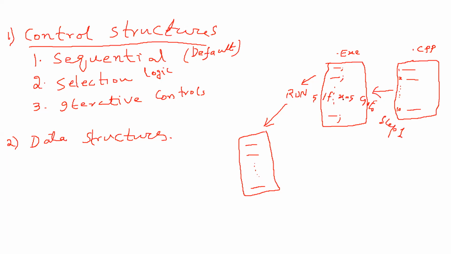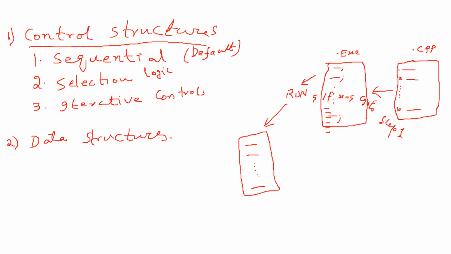If x is not equal to 5, then the next instruction will be taken. So at line number 5, we have a selection logic. The computer has to select whether the value of x is 5 or not. If it is 5, it follows this step. Otherwise, the sequential logic will be executed in the same way.